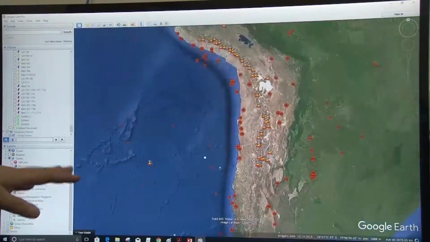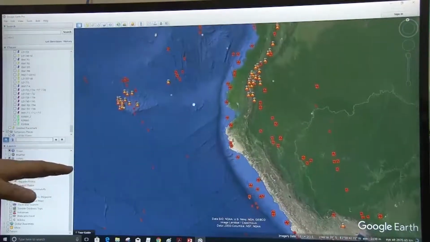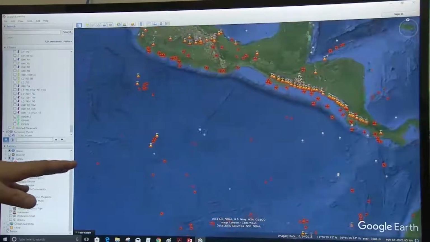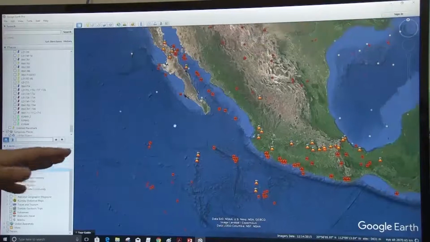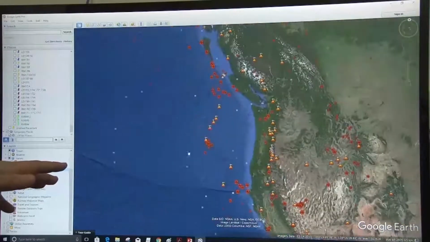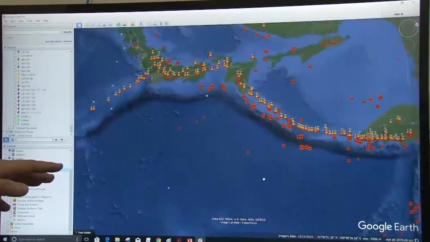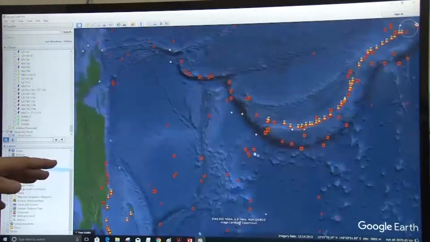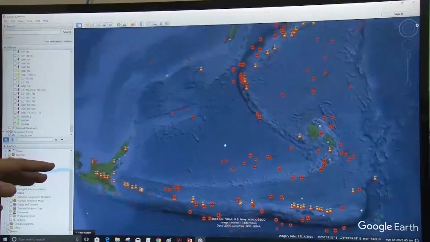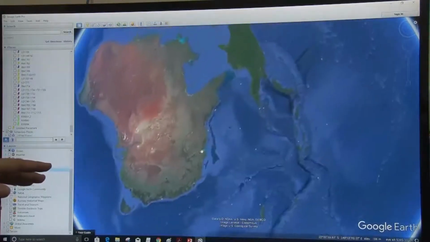This is because of the ongoing collision and subduction between these two plates, and there is continuous release of strain energy in the form of earthquakes, and there are large magnitude earthquakes as well as volcanism all along the subduction zones. These things are very interesting, and you can read about them in the text also.